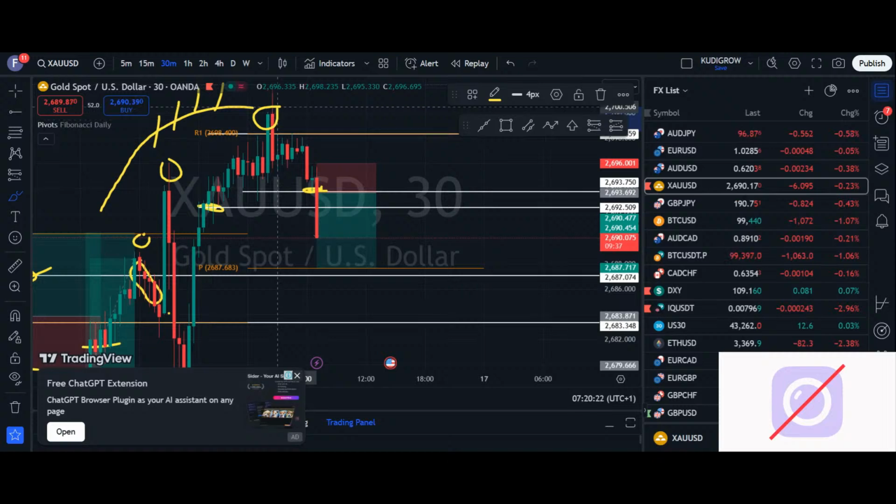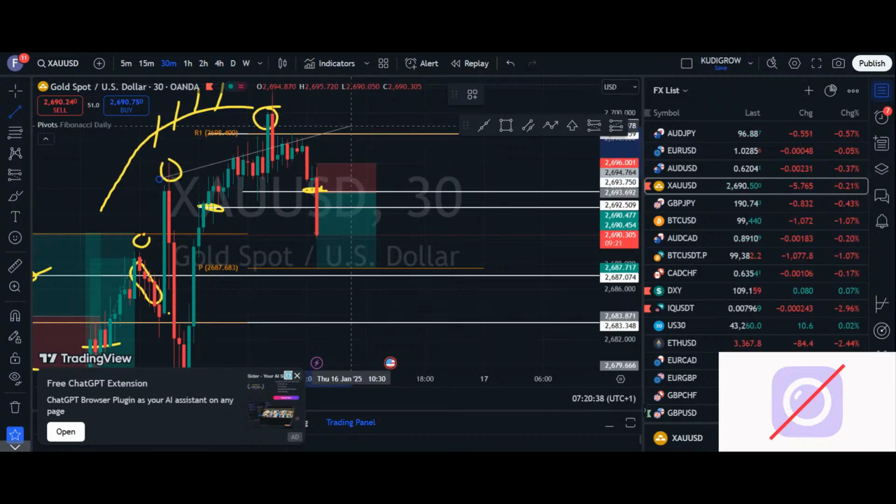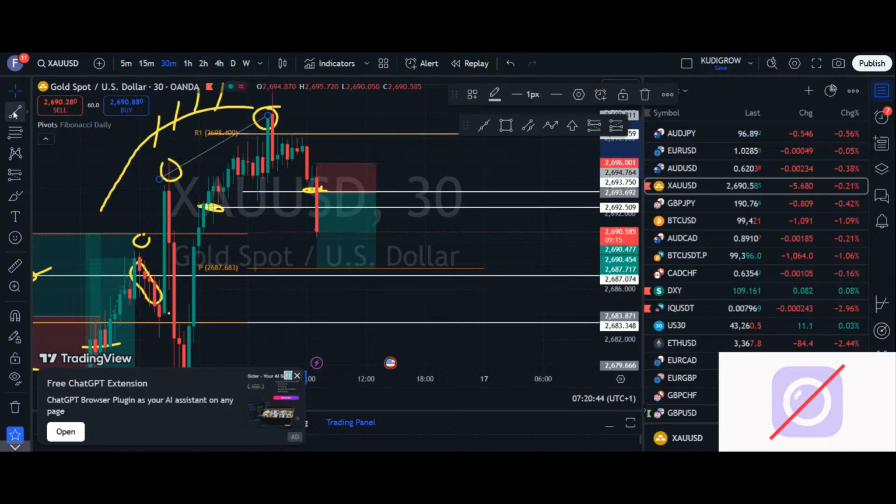So what I'm going to do now is put up the MACD and check, and I'm going to guess that in the MACD, instead of an uptrend like we have here, we are going to see a downtrend on the MACD. Instead of a higher high, we are going to see a lower high. So let's check that out.